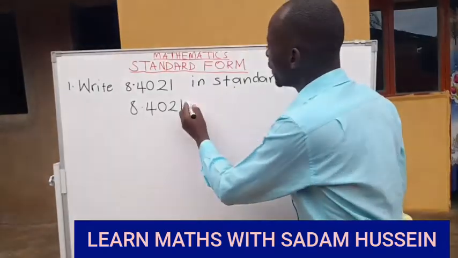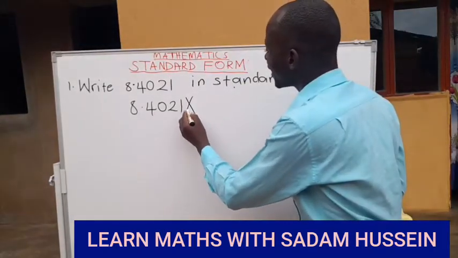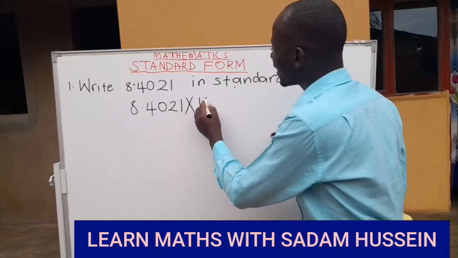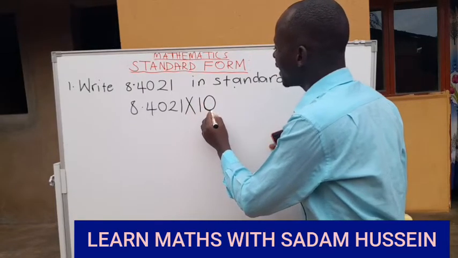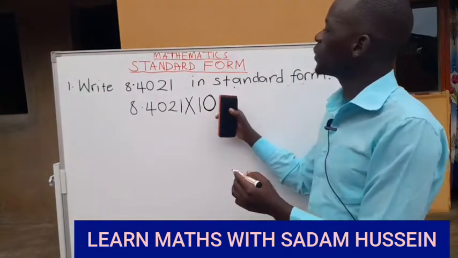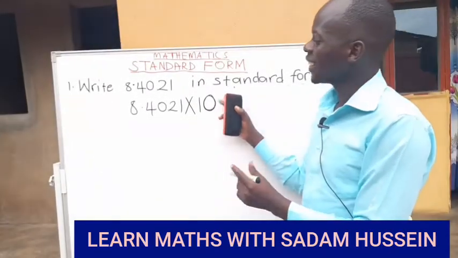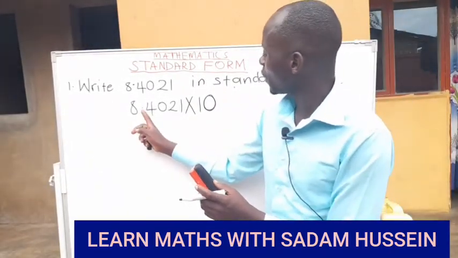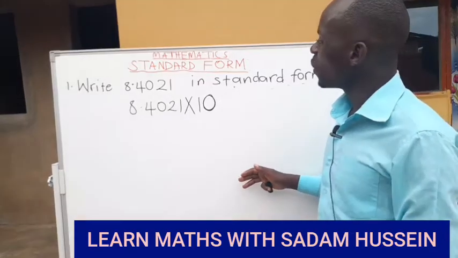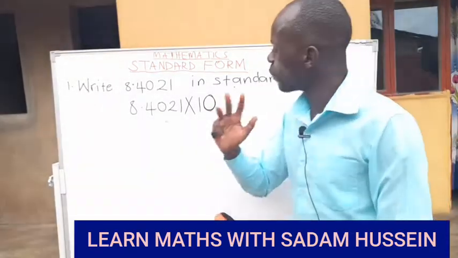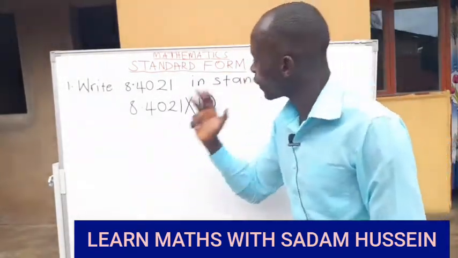So what do you do here? Which power are you going to put here? Because there's nothing here. You haven't done anything. You haven't moved the decimal point, and it's already a significant figure.